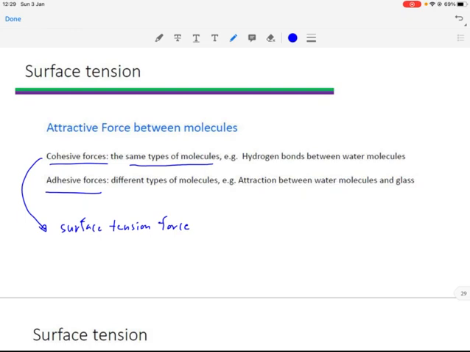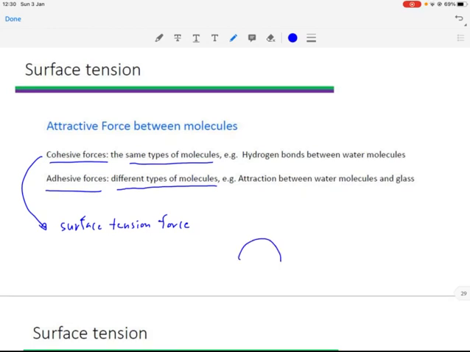Adhesive force is the attractive force that forms between different types of molecules. In this case, if you consider a drop of water on the surface, the force that packs the molecules of water on the surface of this drop we call cohesive force.